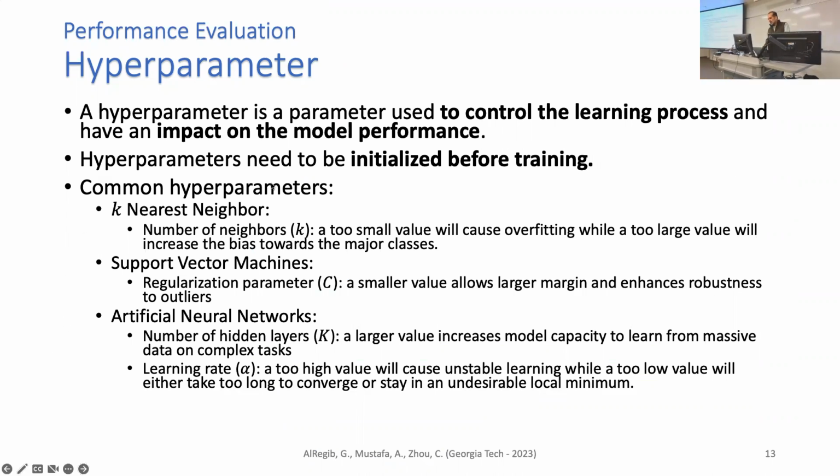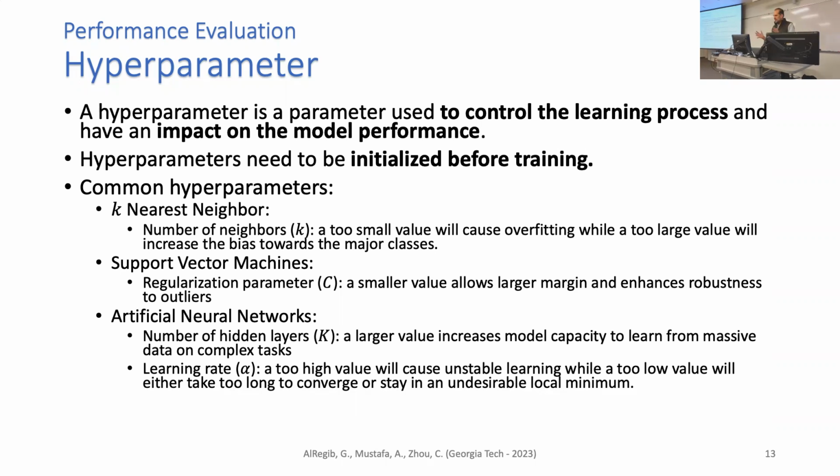These are the different control parameters that you need to use to control your algorithm. These ones, you don't learn them. You don't really have a mechanism within the training to learn these parameters. That's why we call them hyperparameters. You predefine them, and then you try and error.